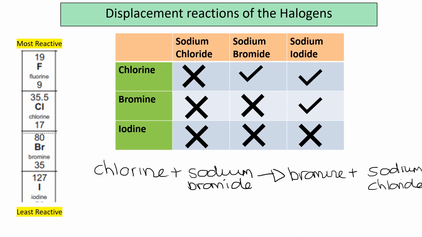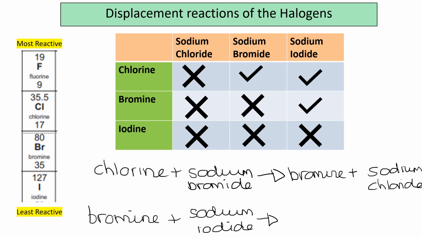Another example could be the reaction between bromine and sodium iodide. Again, bromine is more reactive than the iodide in the sodium iodide. So therefore it displaces the iodide to produce iodine and sodium bromide.